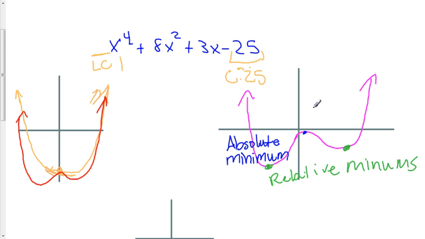Here, this is a relative maximum. And with this, there is no absolute maximum because both ends of it are going up. So it's going to continue to get bigger and bigger.